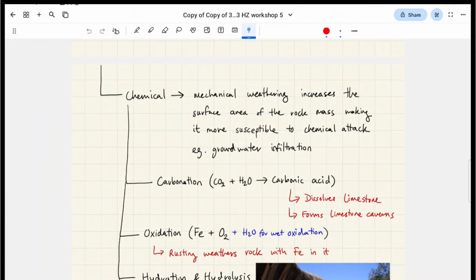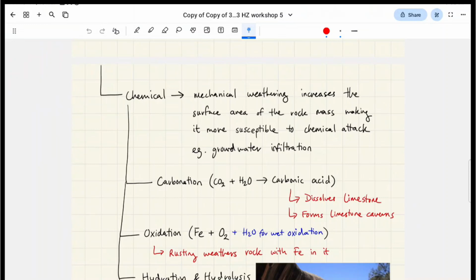So you have a rock, you have a crack in it, and mechanical weathering processes might expand that crack. If you think of this in 2D, like how I've drawn it, it increases the perimeter, right? In other words, in 3D, it increases the surface area of the rock when mechanical weathering happens.